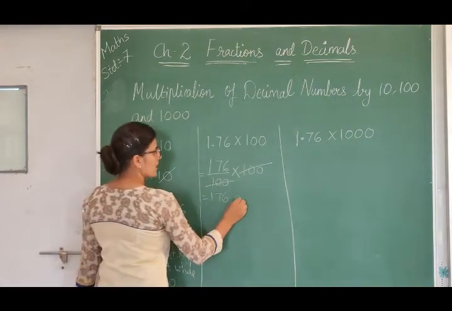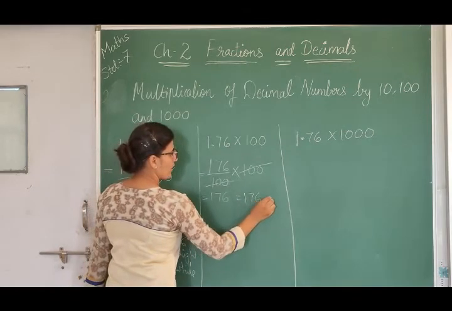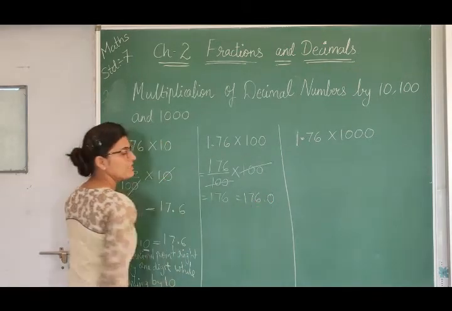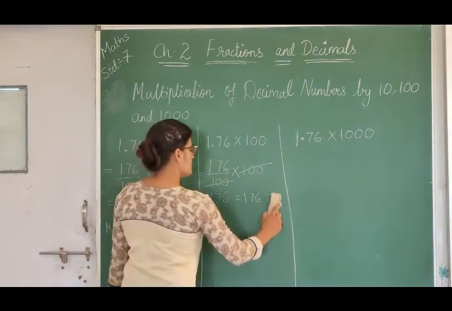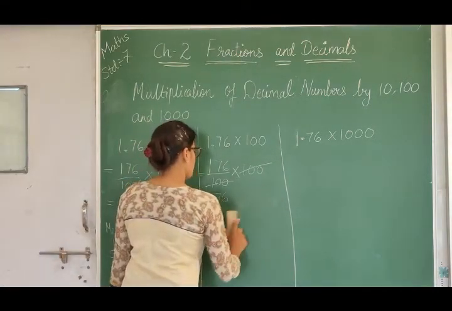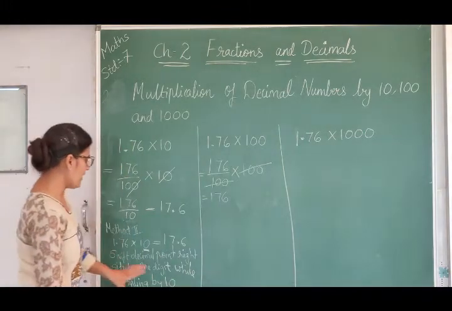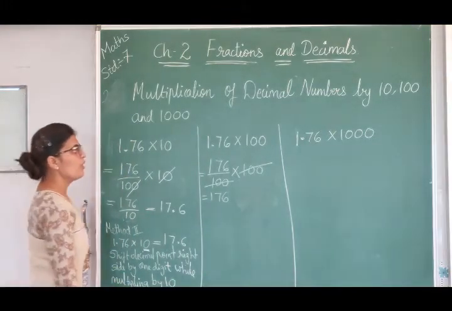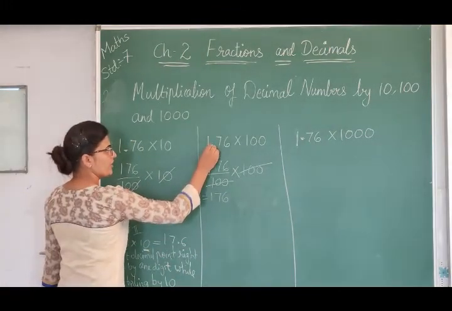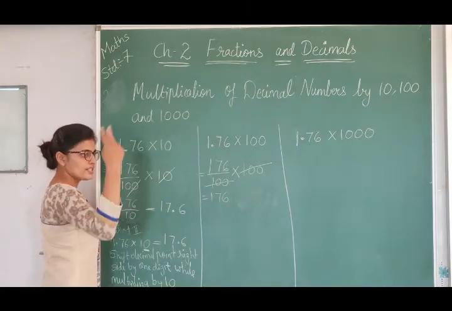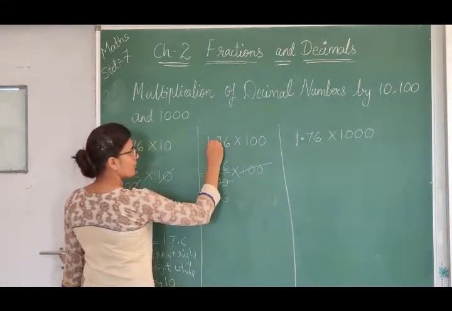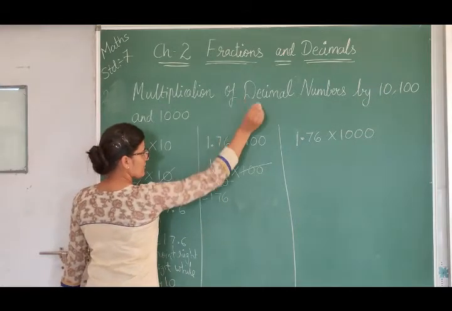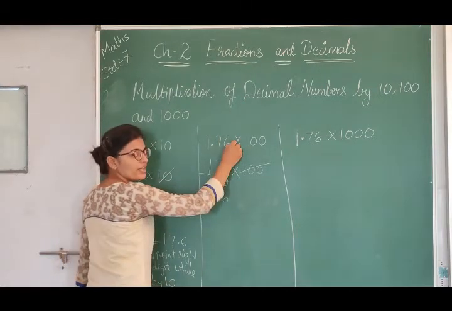It can be written as 176.0 also, but there is no need of putting 0 after the point. So the answer will be 176 only. Now by the second method, after this point we have to jump 2 digits to the right hand side. So the point will be put leaving 2 digits, 7 and 6, and then the point will be over here.